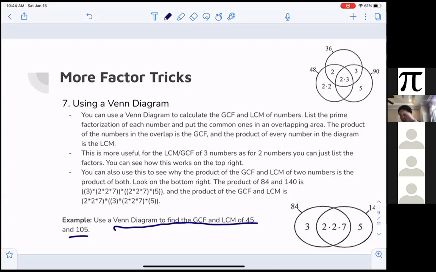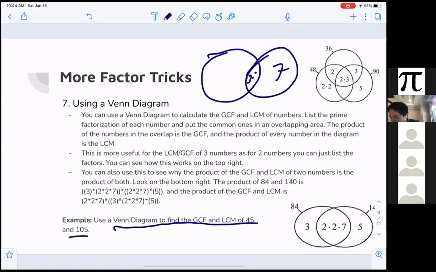All right, so our meeting time is running out, but anyways, quickly, the GCF of 45 and 105 is 15 and the LCM is 315. Sorry, I should draw a better Venn diagram than this. Here we have 105: 7, 3 times 5, and a 3 here.